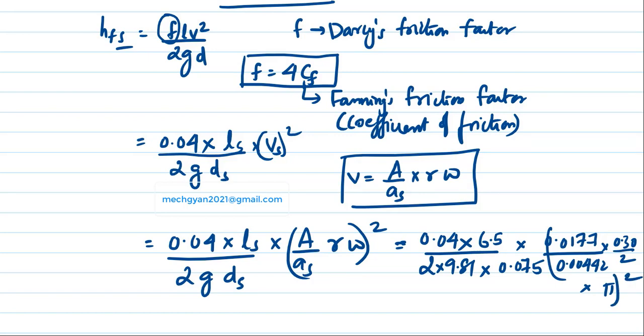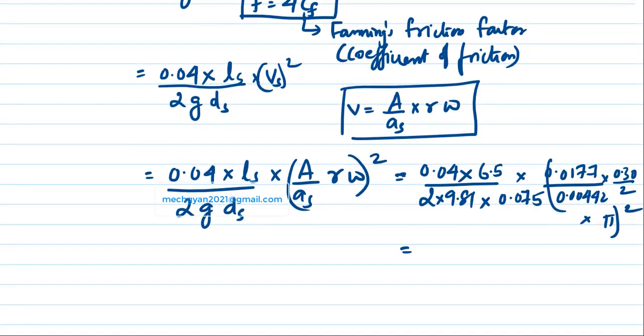If we simplify and calculate this, we will get the value as 0.629 meters of water.